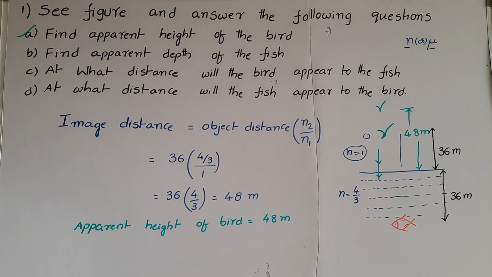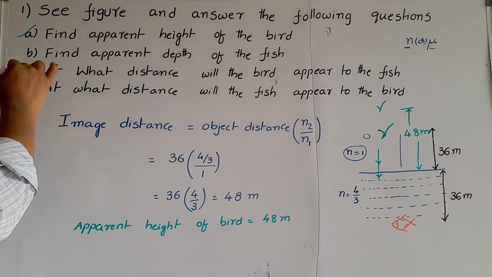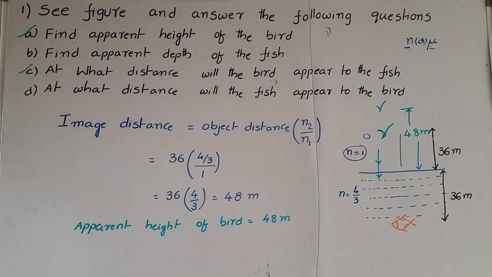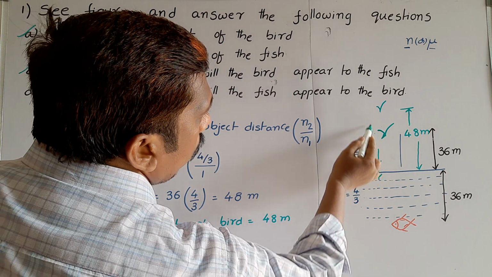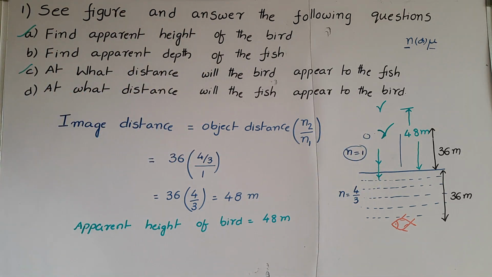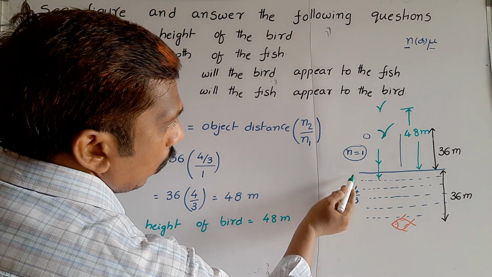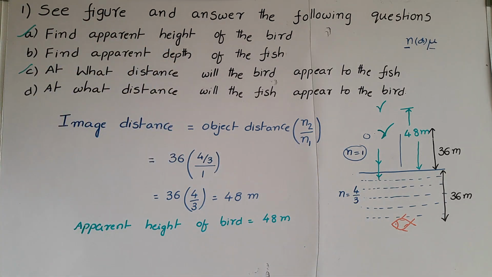Next, at what distance will the bird appear to the fish? Here its image is formed 48 meters above the surface. The fish is 36 meters below.